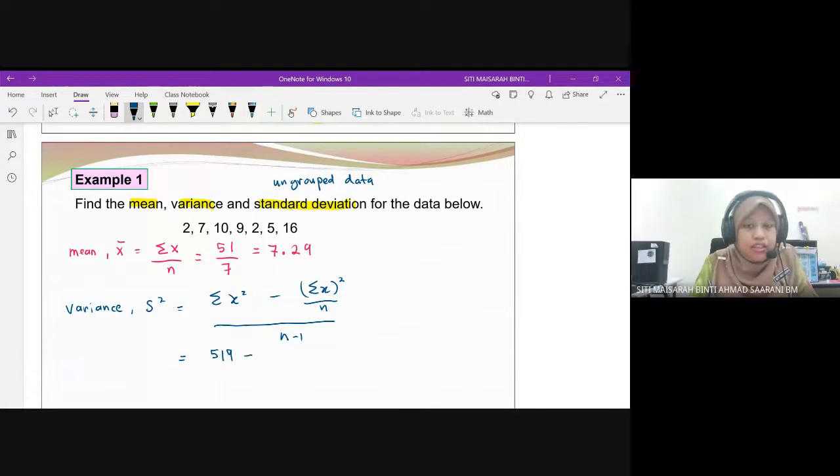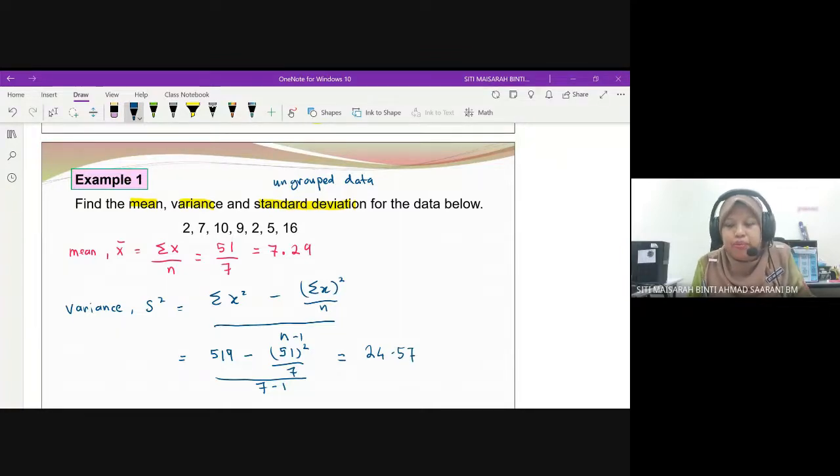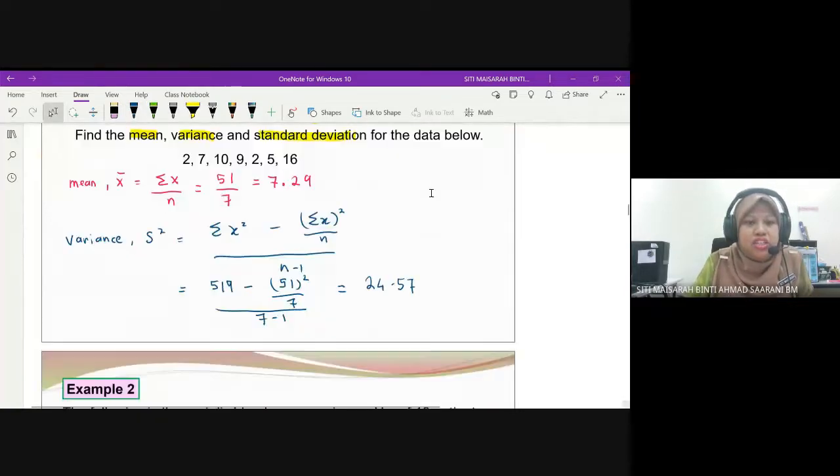Okay, minus 51 square over 7, over 7 minus 1. So read from the calculator, at the bottom. We get 24.57. Can you see it? Okay, 24.57.